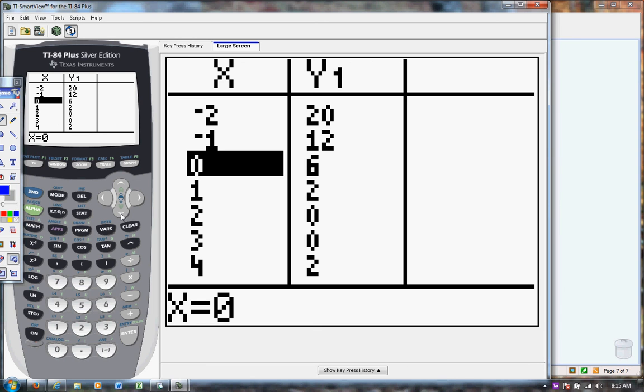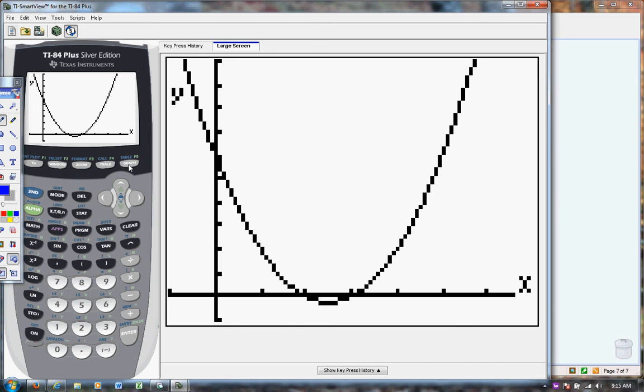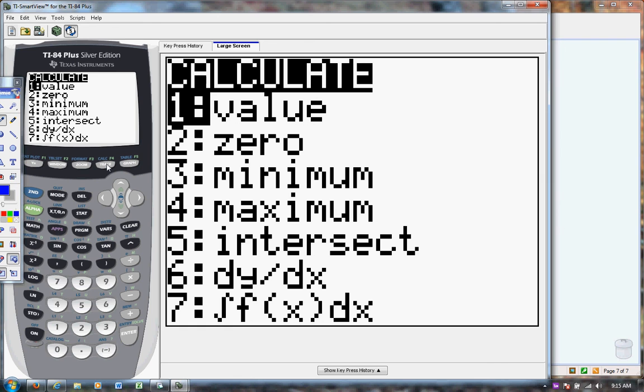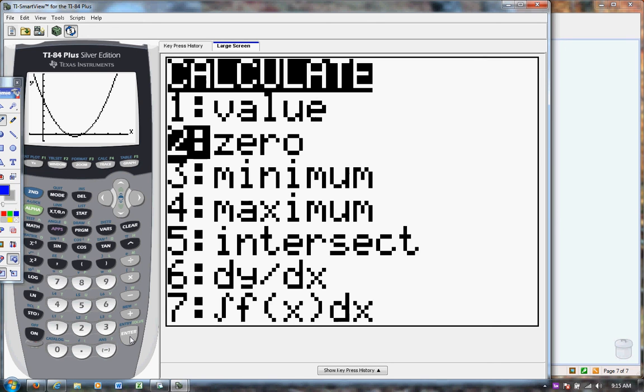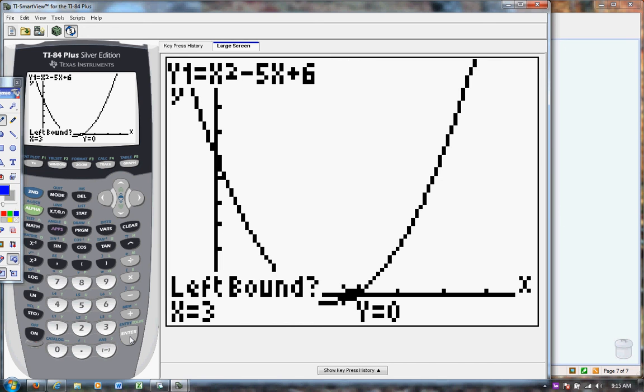Now, let's go back to the graph, and I want to show you how to find the x-intercepts on the graphing calculator. Press the second button and then trace. And what we need to select is number 2, because an x-intercept is also called a 0. So if you press that, now watch how this works. That left bound is kind of messing my window.